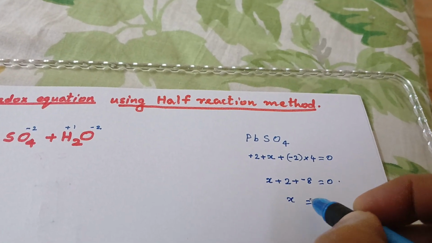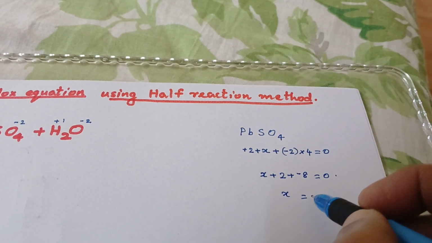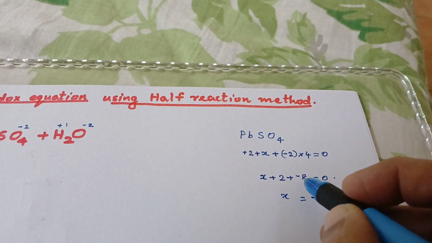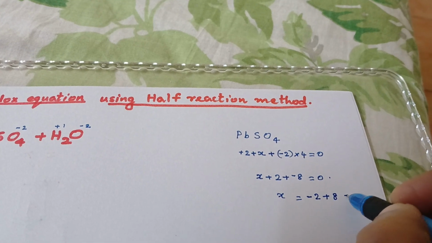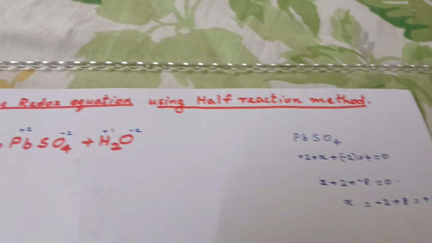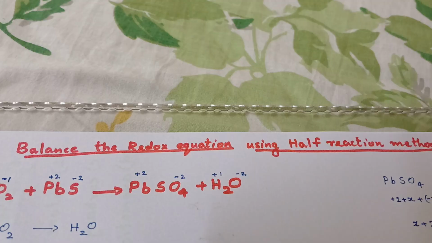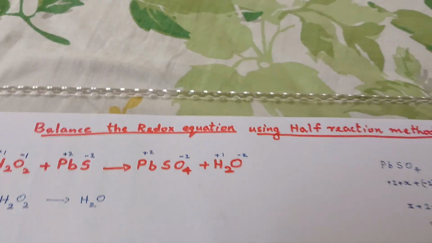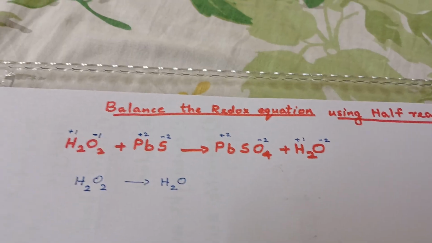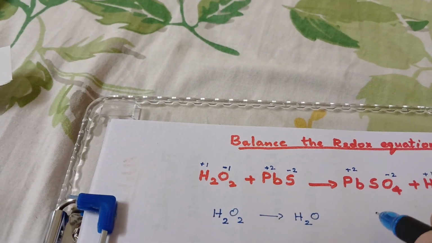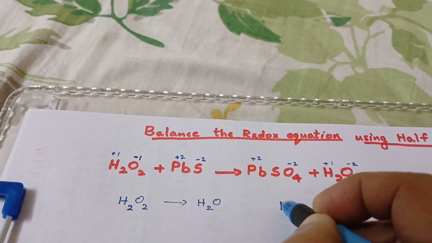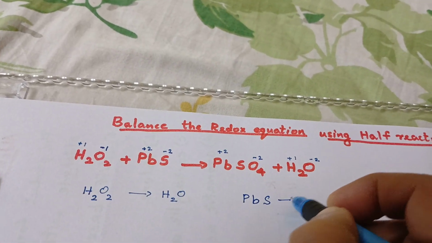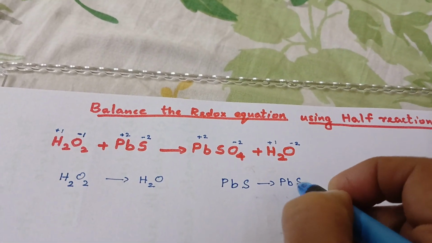So X equals, let us take the numbers to the opposite side. +2 will become -2 and -8 will become +8. So that is equal to +6. So the oxidation number of sulfur is changing from -2 to +6. So there is an increase in oxidation number. So that is the oxidation half reaction. So PbS giving PbSO4.